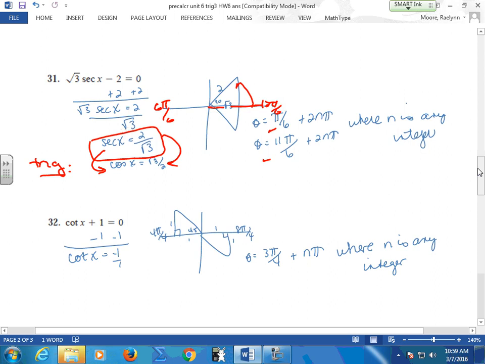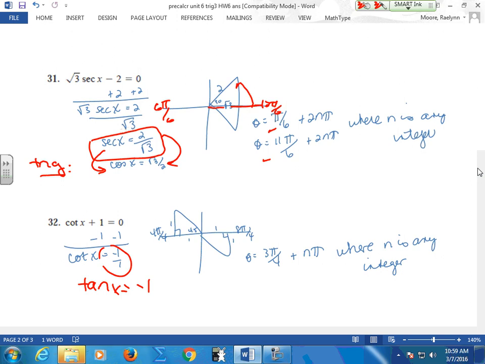Now, cotangent is a little bit different. For cotangent, we solve algebraically, and we say, oh, what angle has cotangent of -1? Well, tangent is the same thing. Reciprocal of -1 is still -1. So, tangent of 1, ring a bell to your angle? What angle would that be?